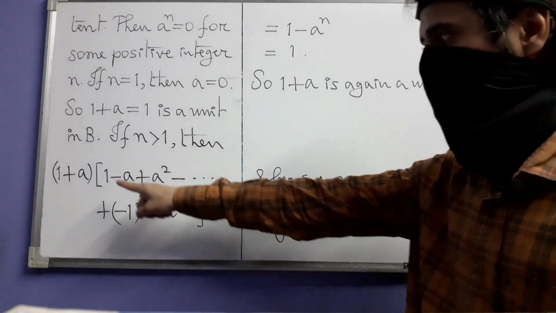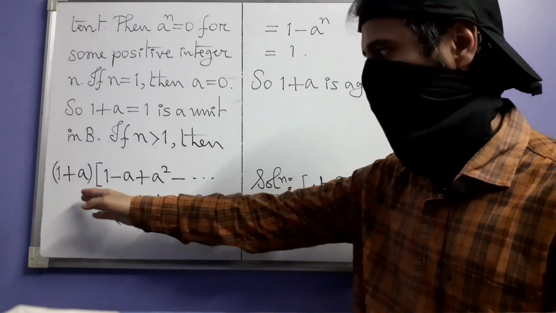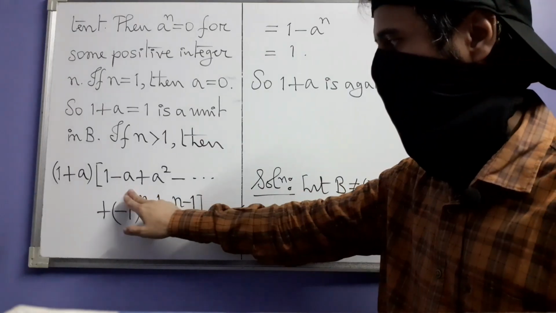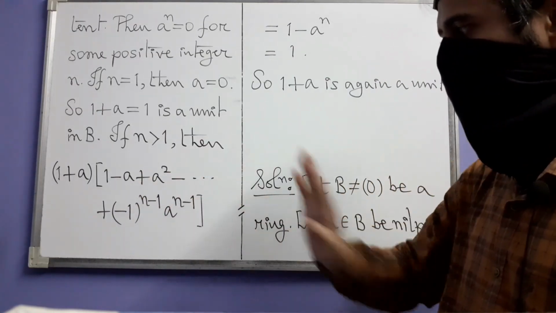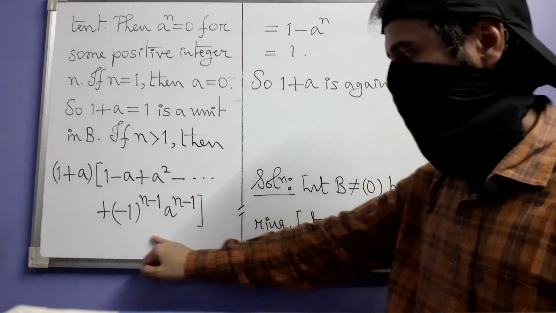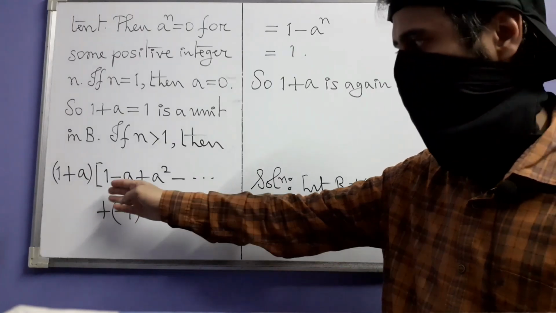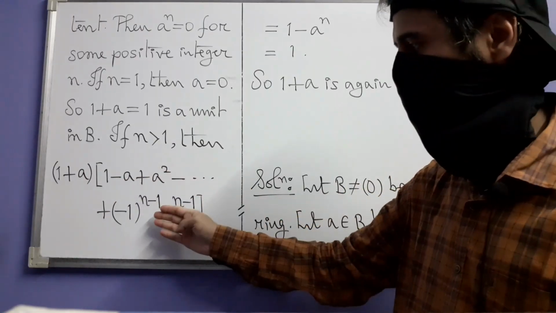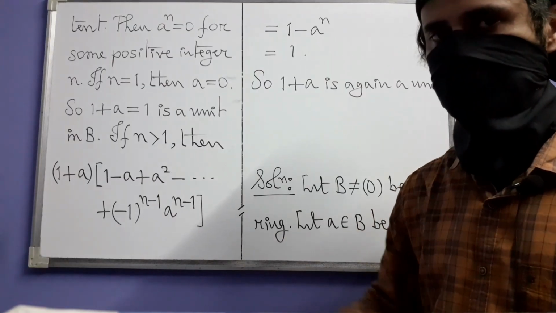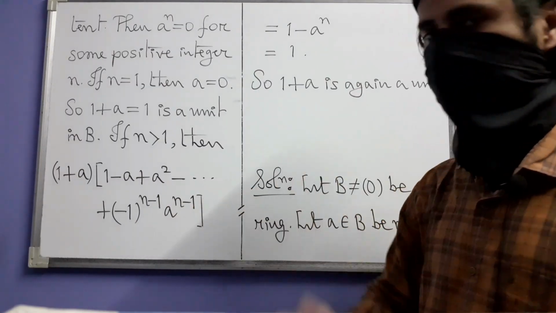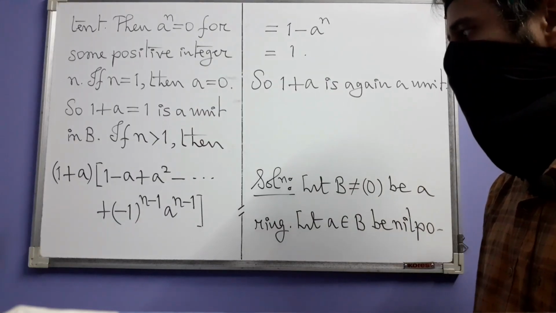Now you consider this product, (1 + a) times this sum, 1 - a + a^2 - a^3 and so on up to this (-1)^(n-1) a^(n-1). Seeing what the sign pattern is, you quickly realize that this should be n minus 1 if it has to come with a to the power n minus 1.